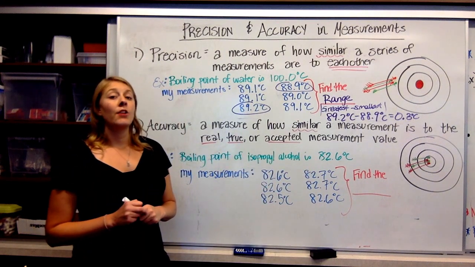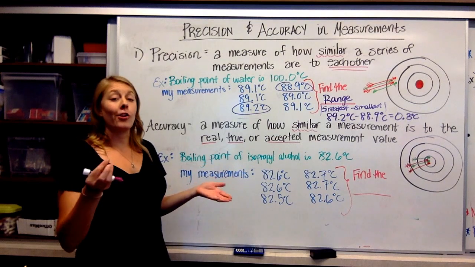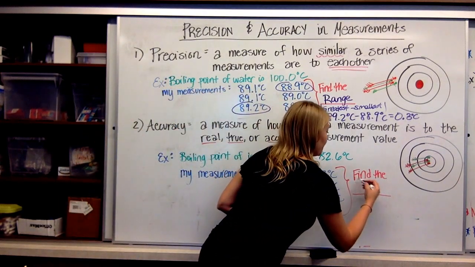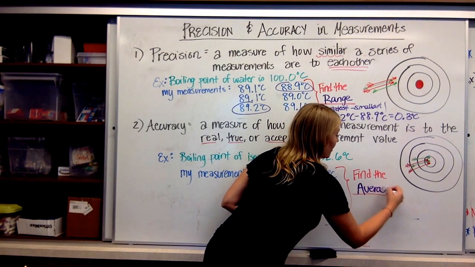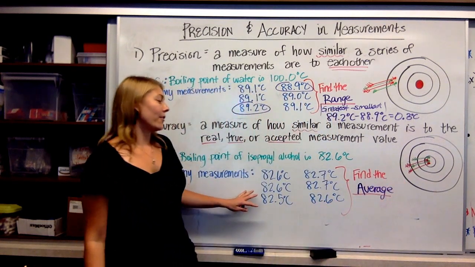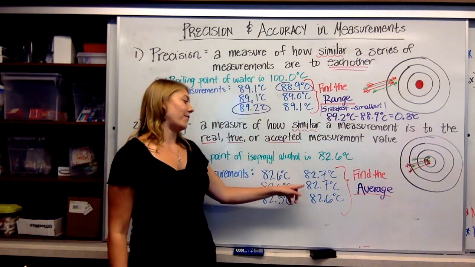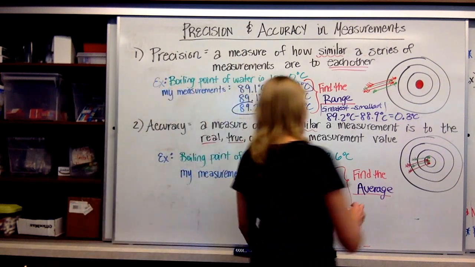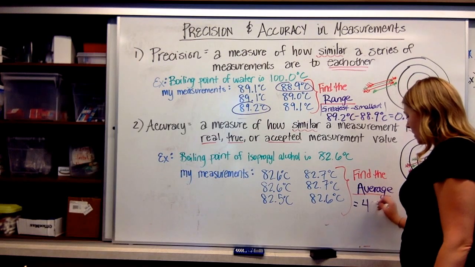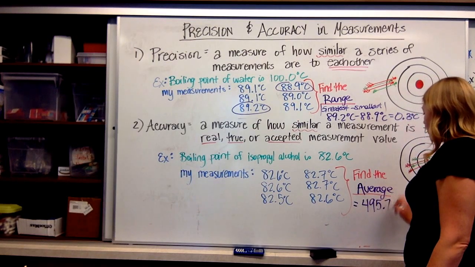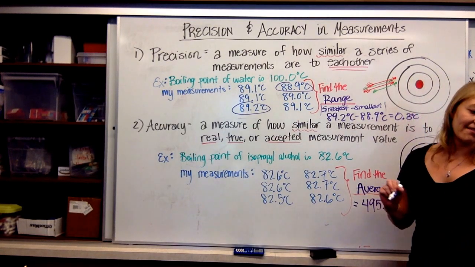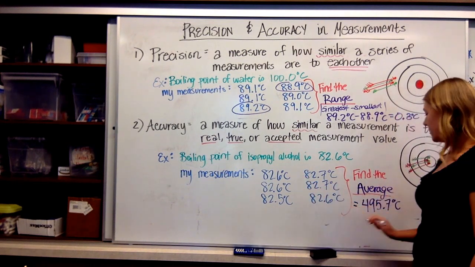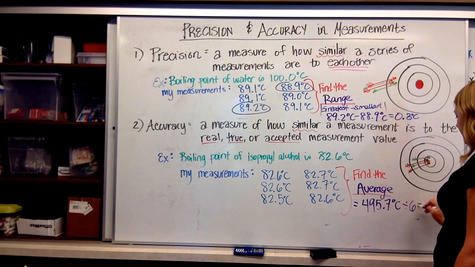All right? To actually figure out a little bit more legitimately, we can find the average here. Right? So if we're going to find the average, we're going to add all 6 of these together. And when we add all 6 of them together, we would get 495.7 degrees Celsius, right? And we're going to divide that by the total number of measurements, which is 6.